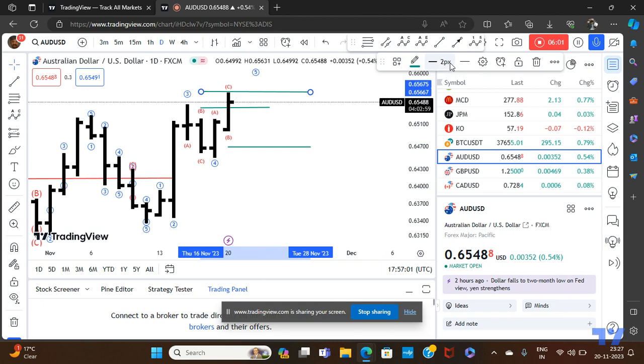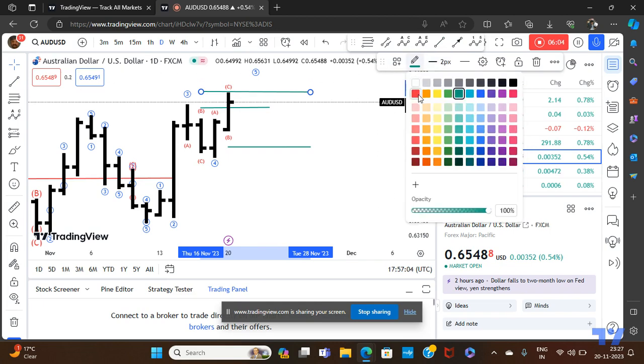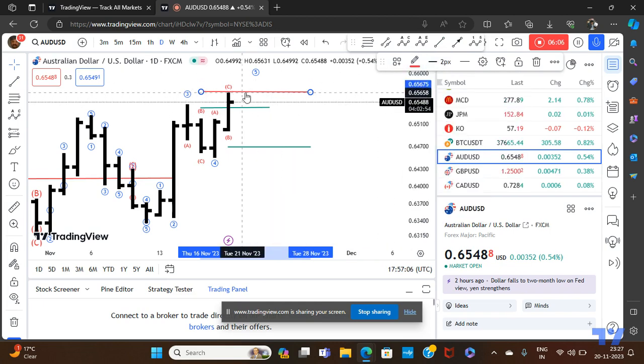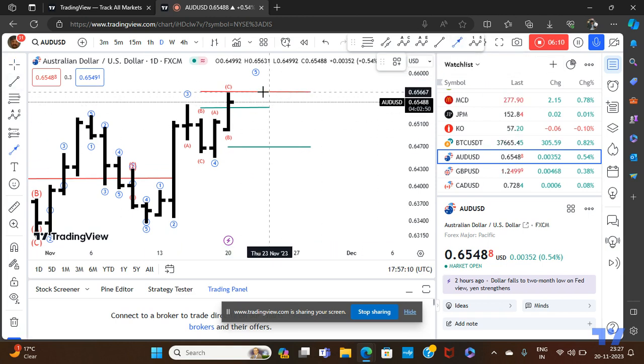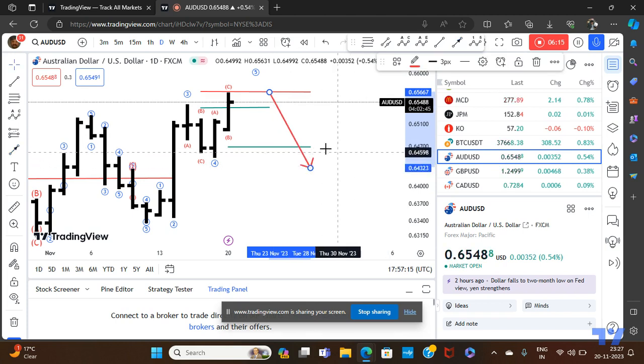This would be my stop loss, and I will take a bearish position here all the way down like this. Five wave decline. So we are going to see tomorrow whether my alternative count is correct or this pattern will work out. This is my first count. It's looking like an expanding flat correction, but you never know how the market behaves.